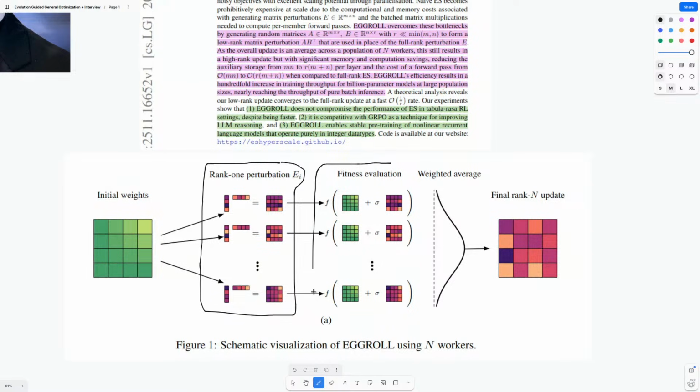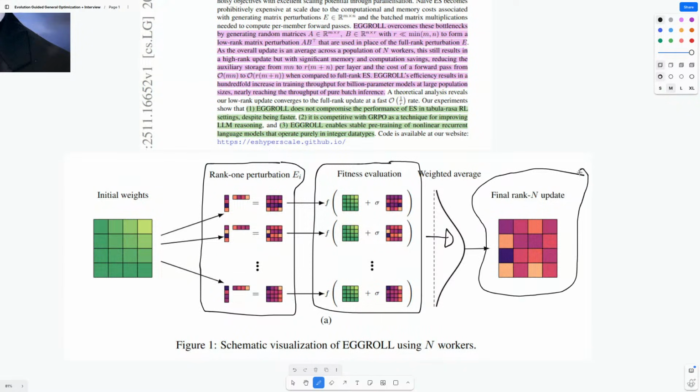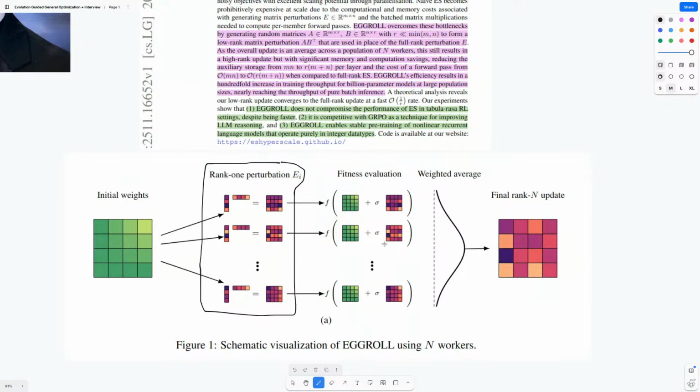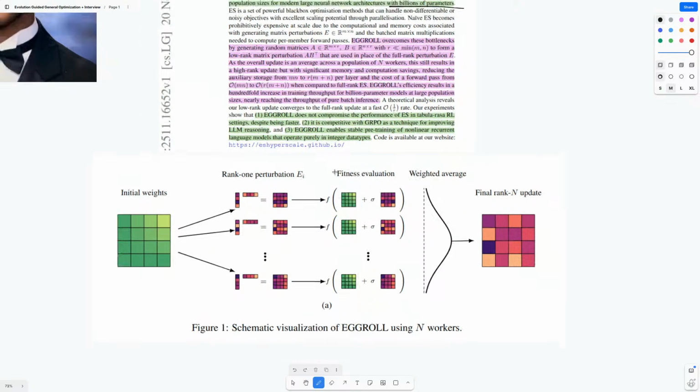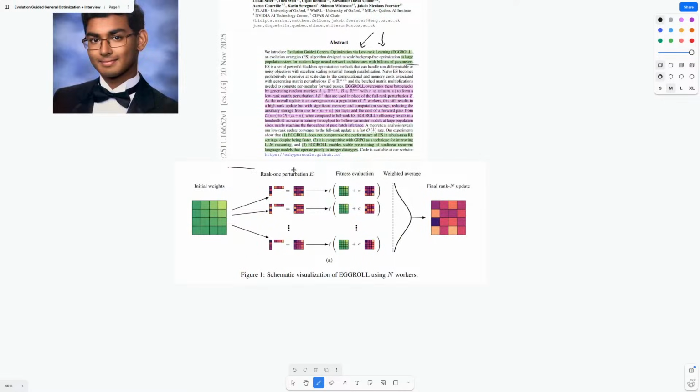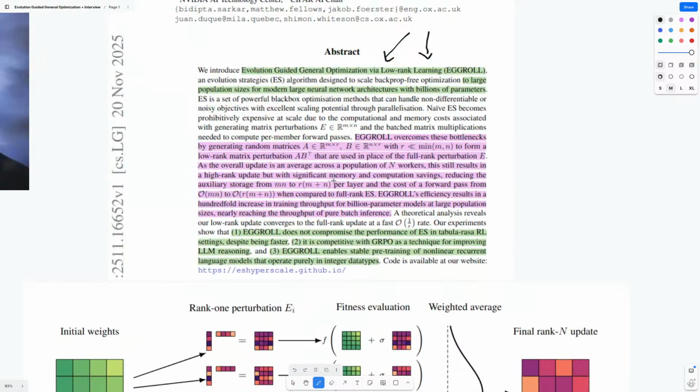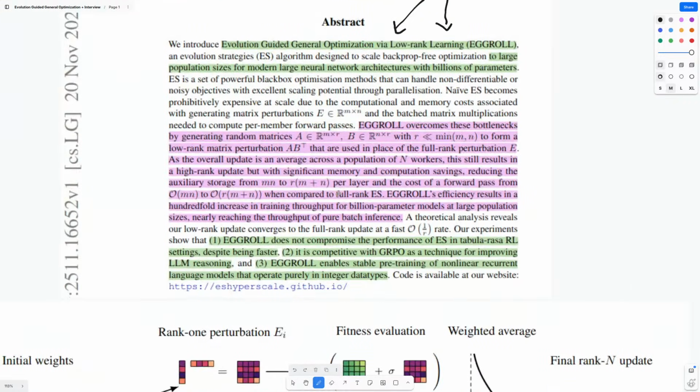Then you put them into your fitness evaluation. You weight average them, and what you get out is literally a full rank update matrix. And all of this can be done pretty efficiently, to the point that it is really close to, in the pre-training case, just batch inference. So a lot of cool optimization that they've been doing.